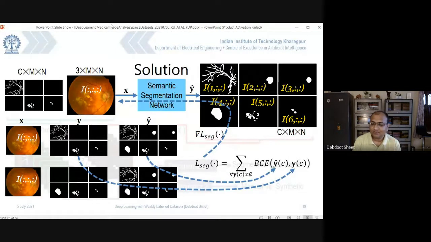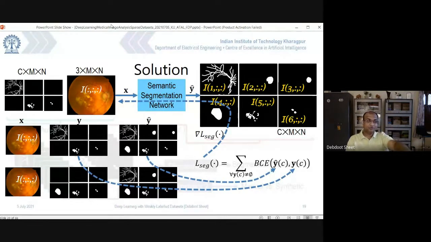Now, since it is present in the input image, my network will obviously be predicting it in the output. The issue is that although it has predicted it in the output, it does not have a reference to say where it's present. So the ground truth is not available for a certain class. It's able to predict, but the ground truth is not available. Ground truth is available for some of the other classes which it's able to predict.